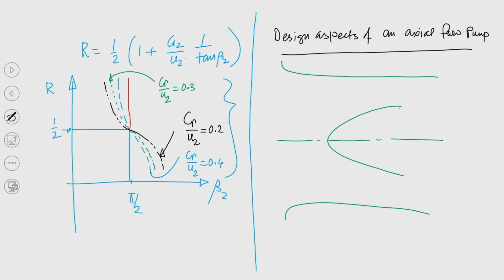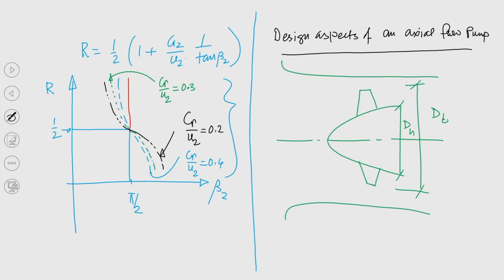so this is very important, and if we try to draw one blade, and this is the tip diameter dt and this is the hub diameter dh.